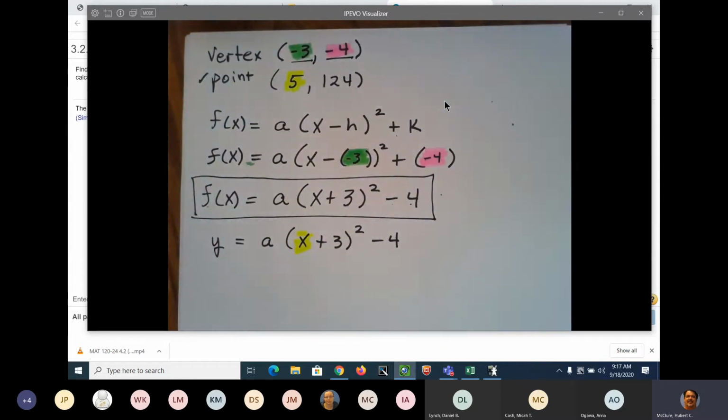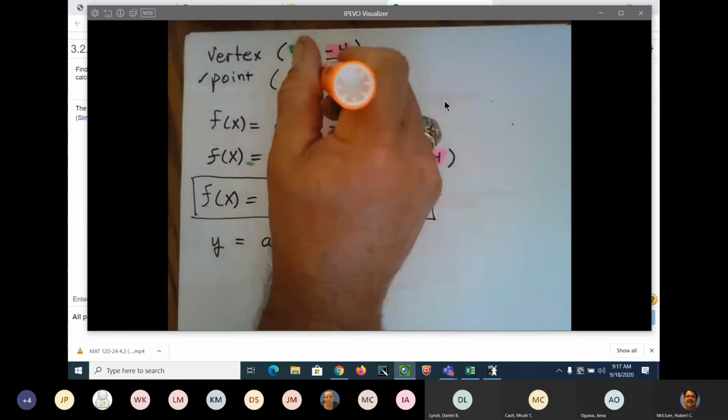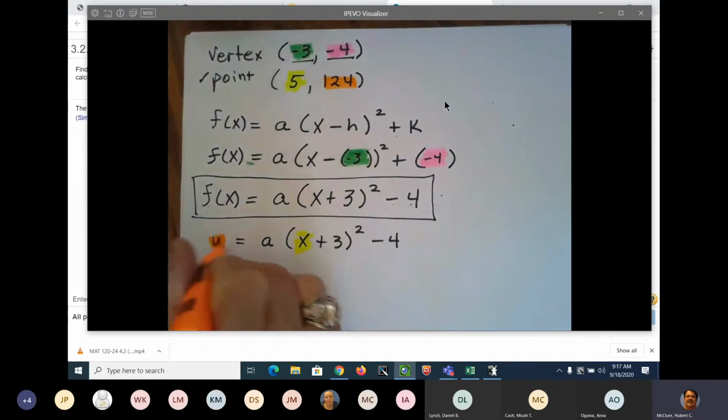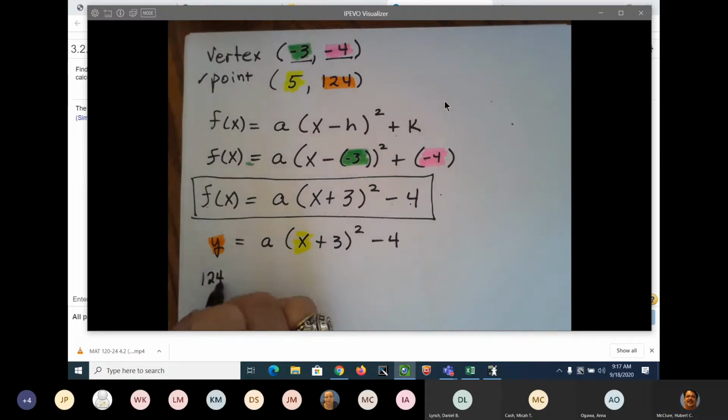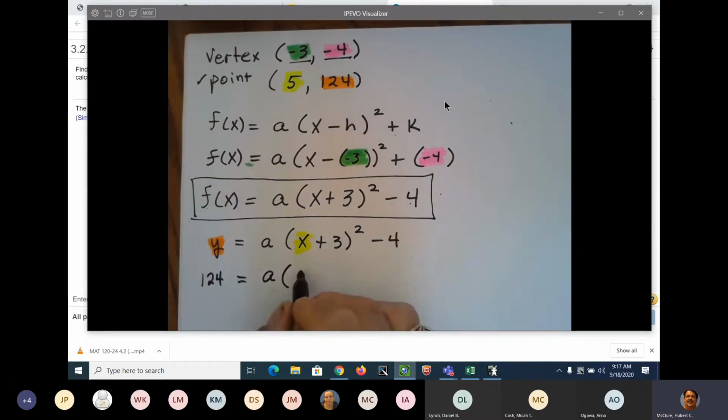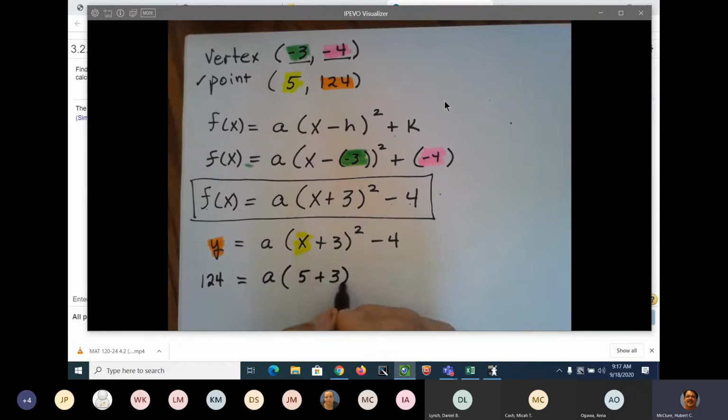And my handy dandy orange marker, and that's going to go there. And you feel good about yourself. So that's 124 is equal to A times 5 plus 3 quantity squared minus 4. All right, I want y'all to finish that.